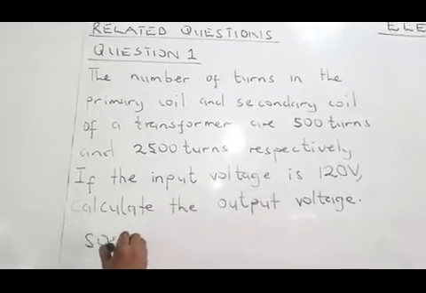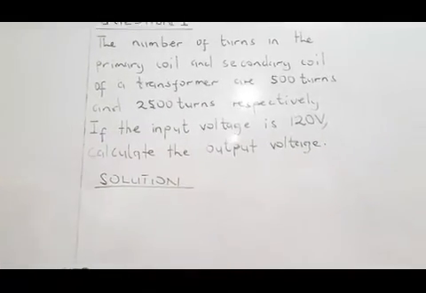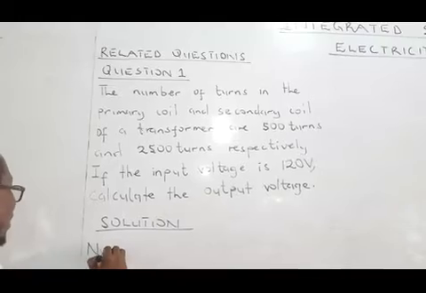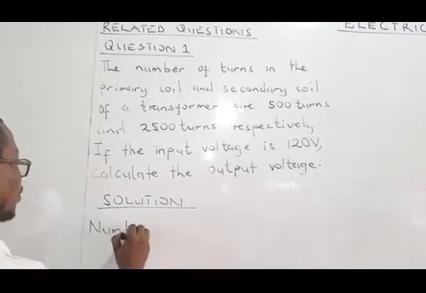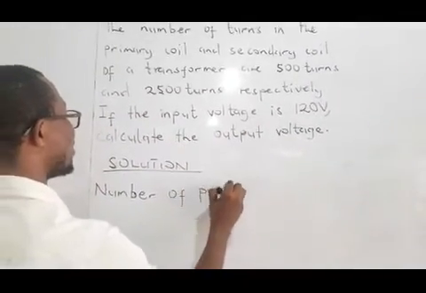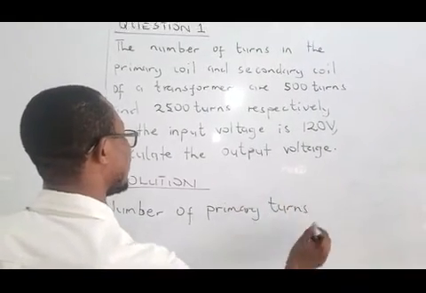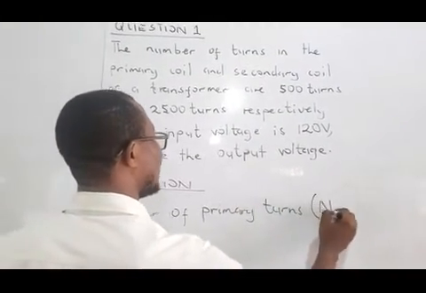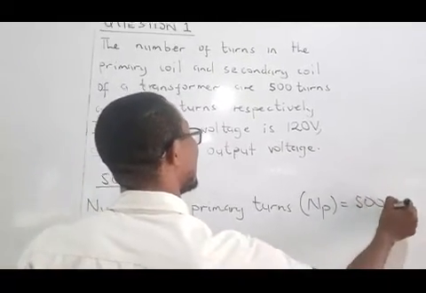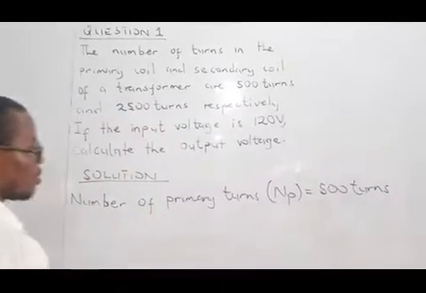So as part of the solution, we have the number of primary turns, NP, equal to 500 turns.